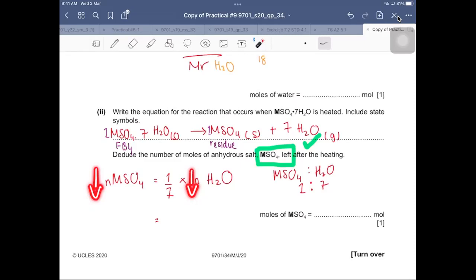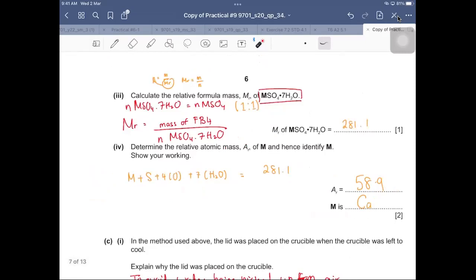Are we okay so far? Yes. If my number of moles of MSO4 is low, number of moles of MSO4 is low, what happens to my MR? MR goes up. So this is how we work out the effect of whatever onto the calculated value.